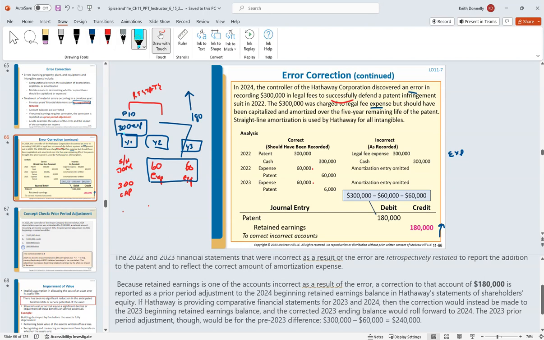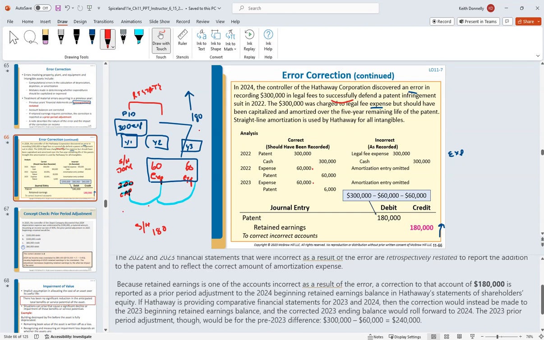Likewise, when you think about the patent that's sitting on our balance sheet, after these years it should have been at 300 minus 60 minus 60, so it should have been at 180 on there.